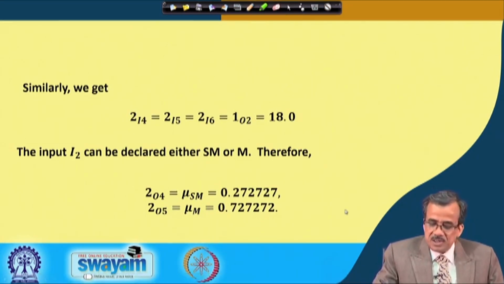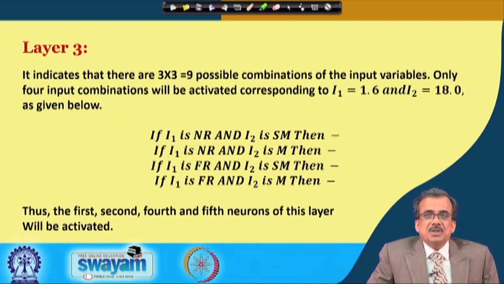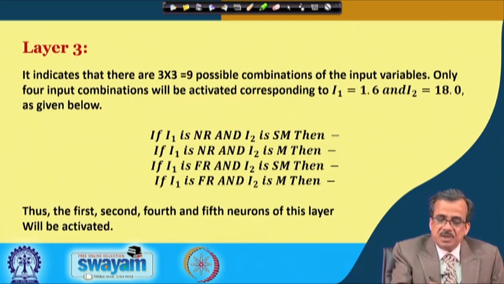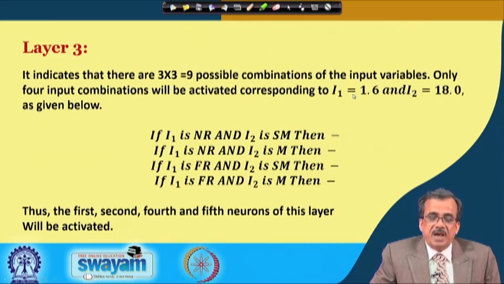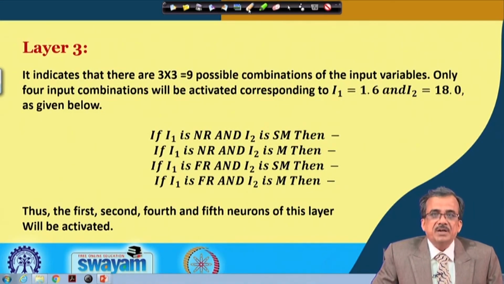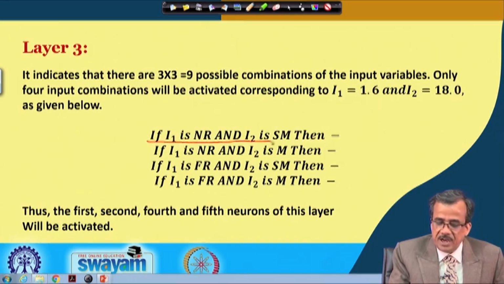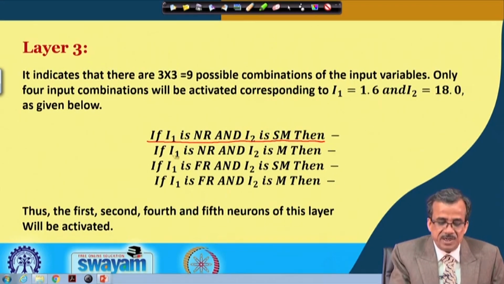Now, once you have done this fuzzification, we go to layer 3. As I told, on layer 3 we have 3 multiplied by 3, that is 9 combinations or 9 possible rules, and out of 9 in fact only 4 rules are going to be fired. The 4 fired rules are as follows. If I1 is near and I2 is small, then the output is something that I have not written here.